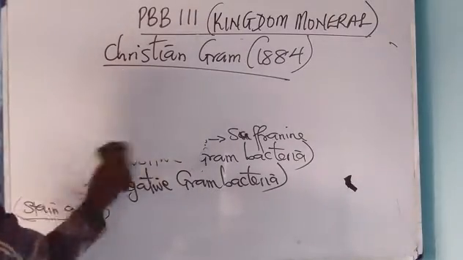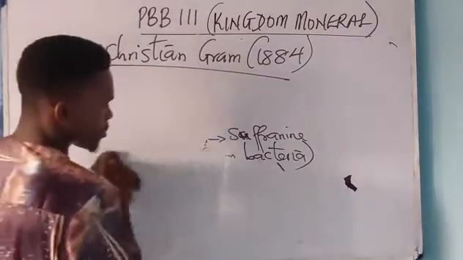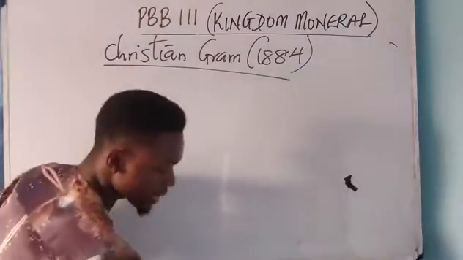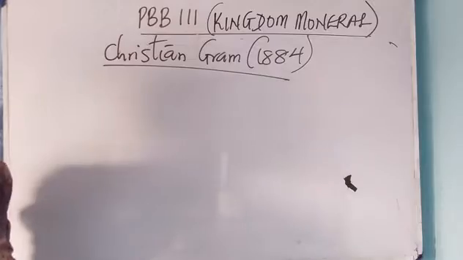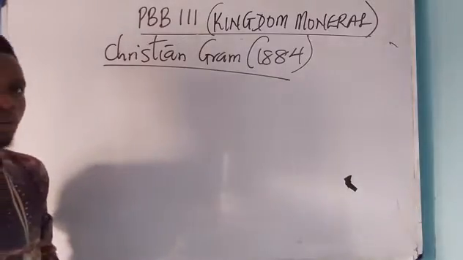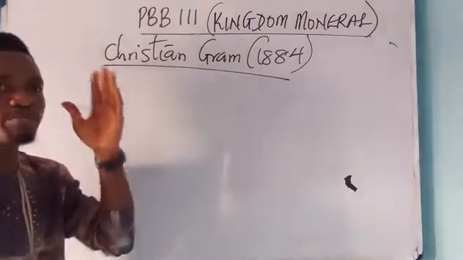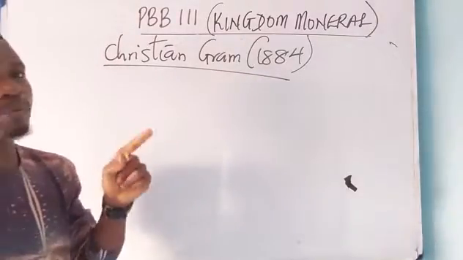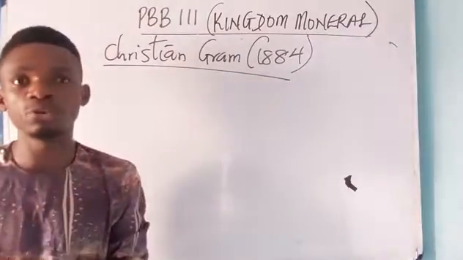the cell wall of some bacteria, I told you that the Archaeobacteria as a subkingdom do not have peptidoglycan. They do not have it. But the eubacteria, they have what? Peptidoglycan.